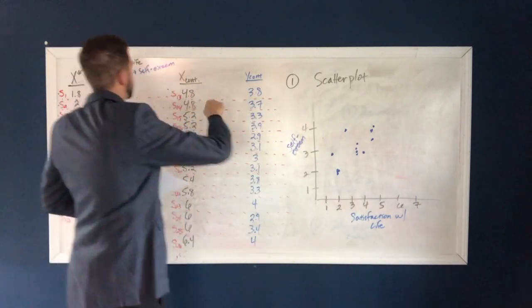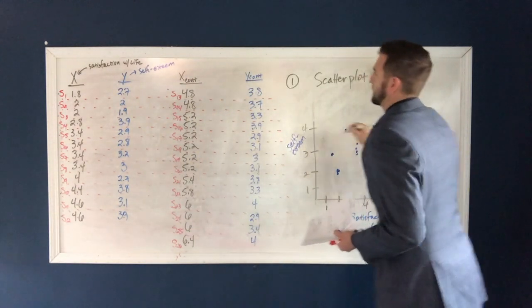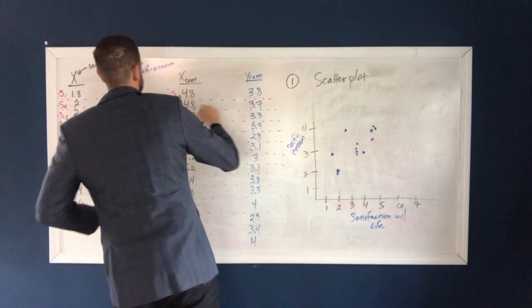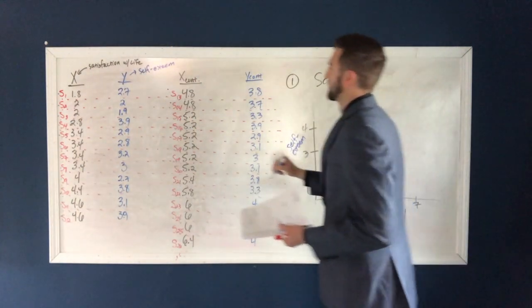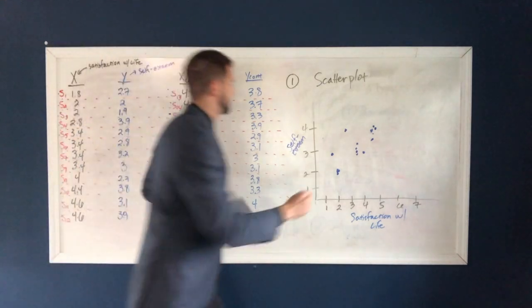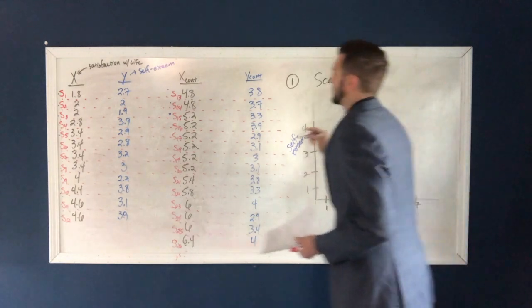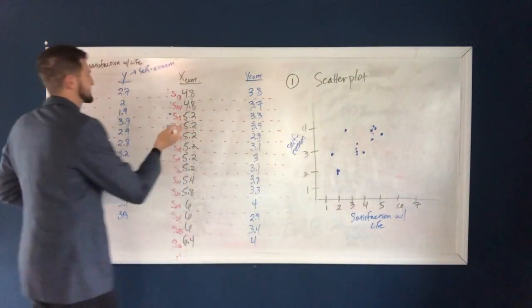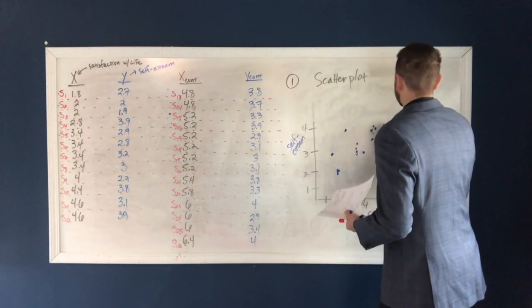Subject 13 is 4.8 and 3.8. 14 is 4.8 and 3.7. 15 is 5.2 and 3.3. Somewhere like there, you know. 16 is 5.2 and 3.9. It's a little higher.